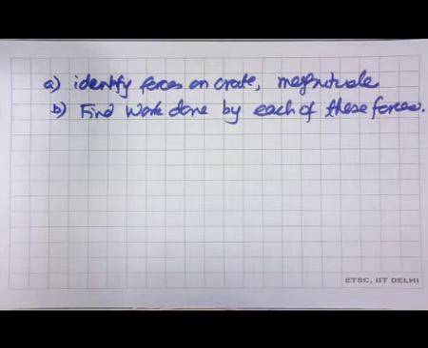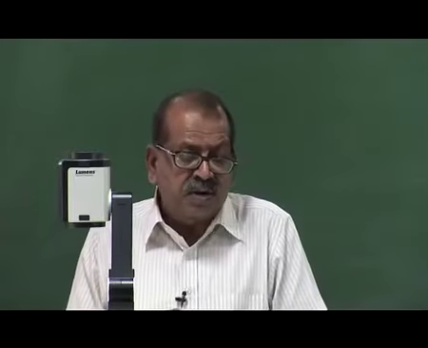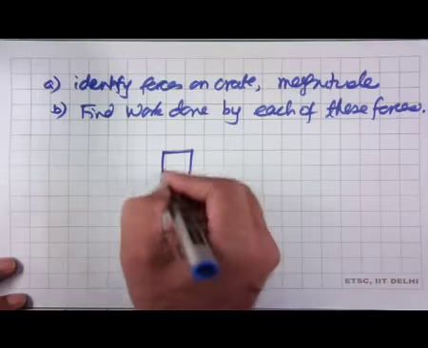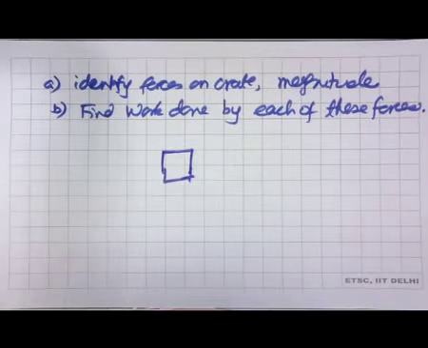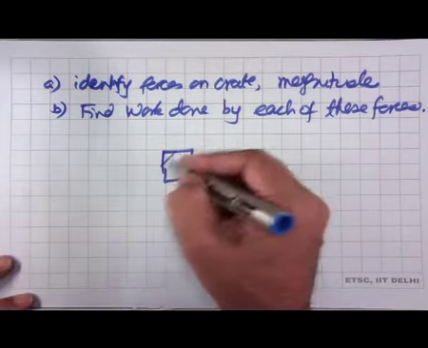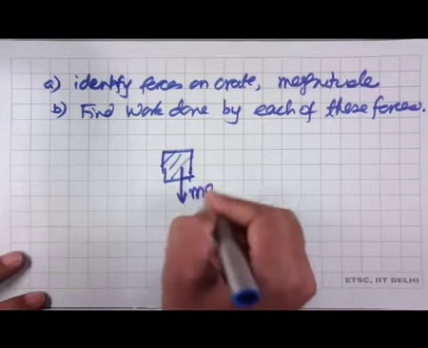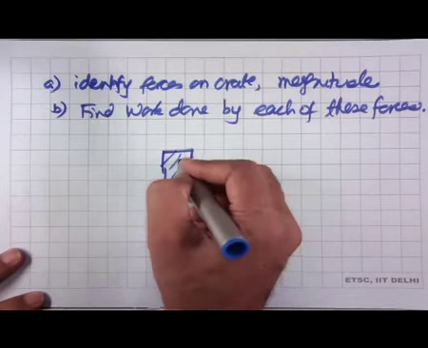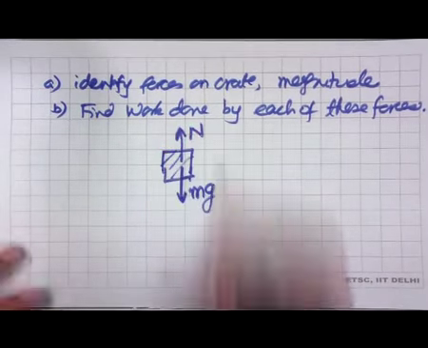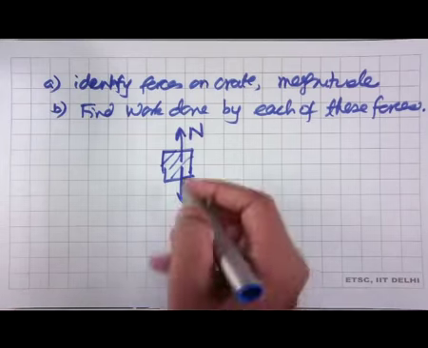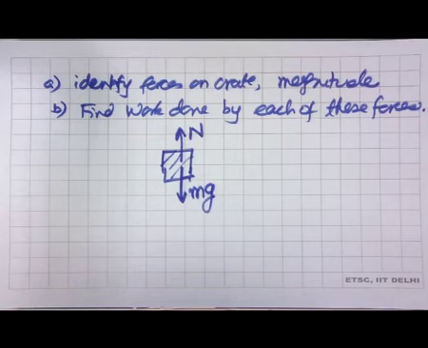The first thing we should do, since we have to identify the forces on the crate, as in any problem, is draw the free body diagram of the crate. So, this is the block or the crate, then we have the weight mg acting down, the reaction from the ground, which we put as normal reaction n.